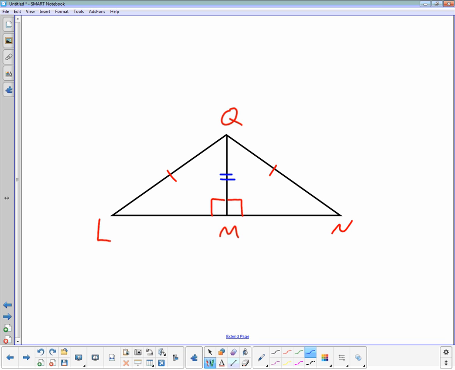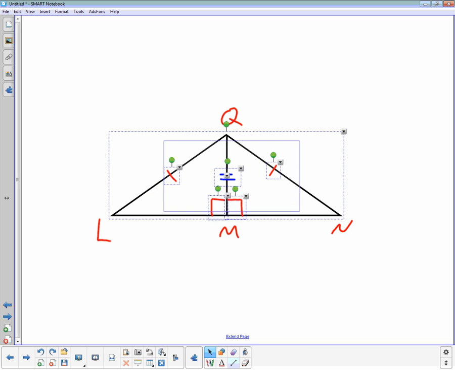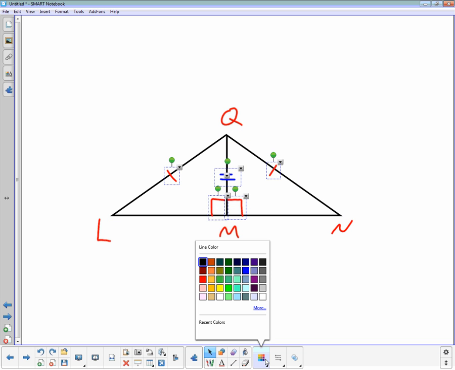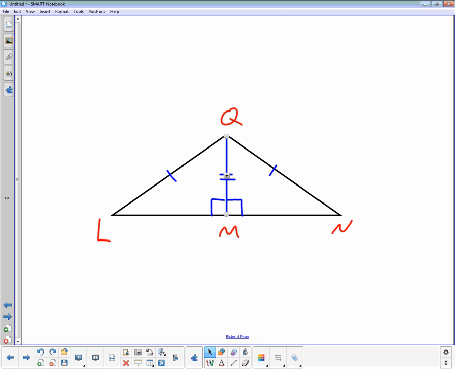So now if we look at one triangle, either the left or the right, let's go through it. Okay, so now I've got all this stuff. Why don't you try this one on your own and see what it is?